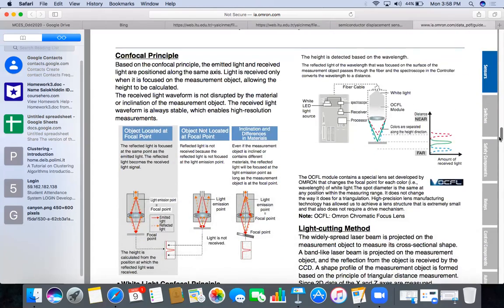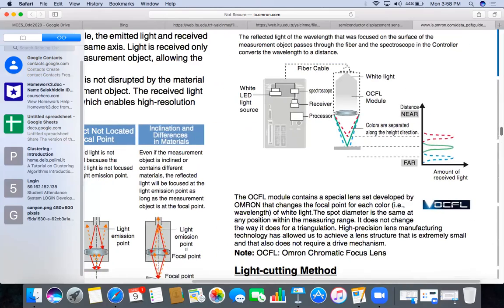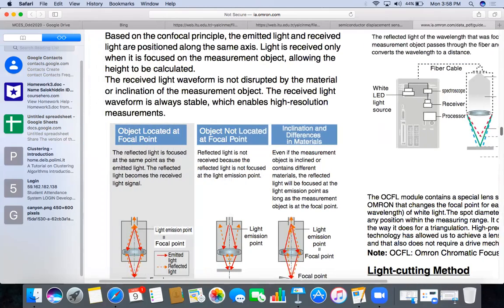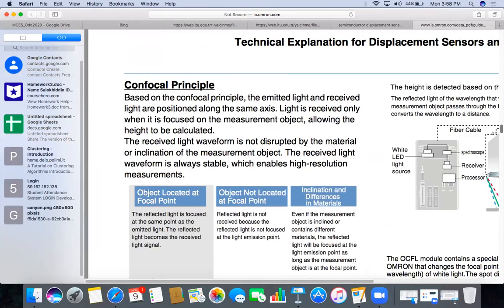Now the control principle. Based on the confocal principle, the emitted light and received light are positioned along the same axis. Light is received only when it is focused on the measurement object, allowing the height to be calculated.